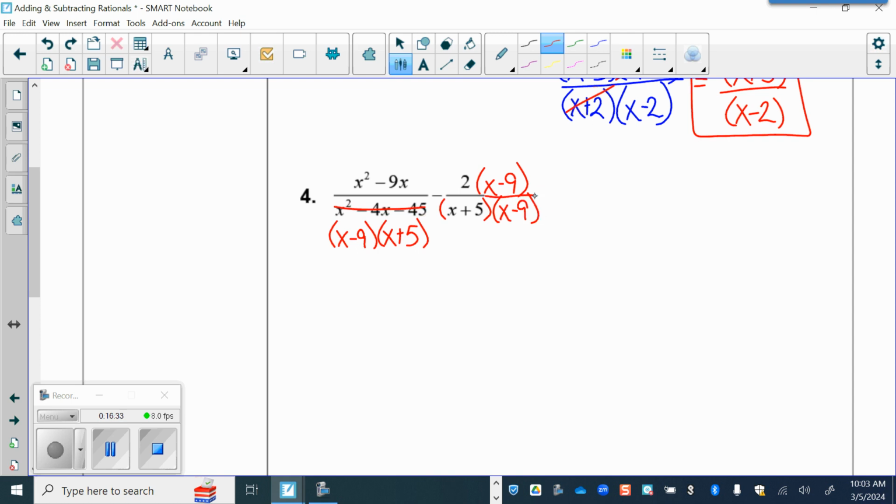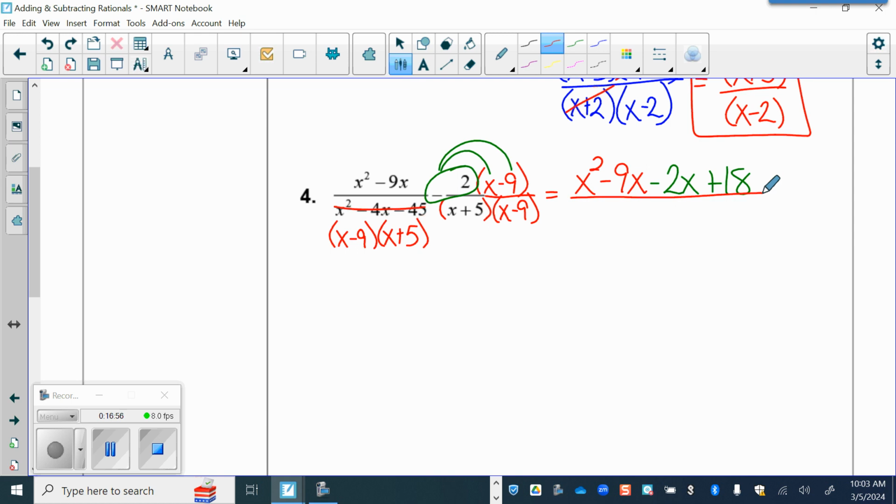This is going to be x squared minus 9x. Now, here's what I'm talking about, the tricky part. Distribute negative 2 to x, so negative 2x, and negative 2 to negative 9, so positive 18. Really watch subtraction.